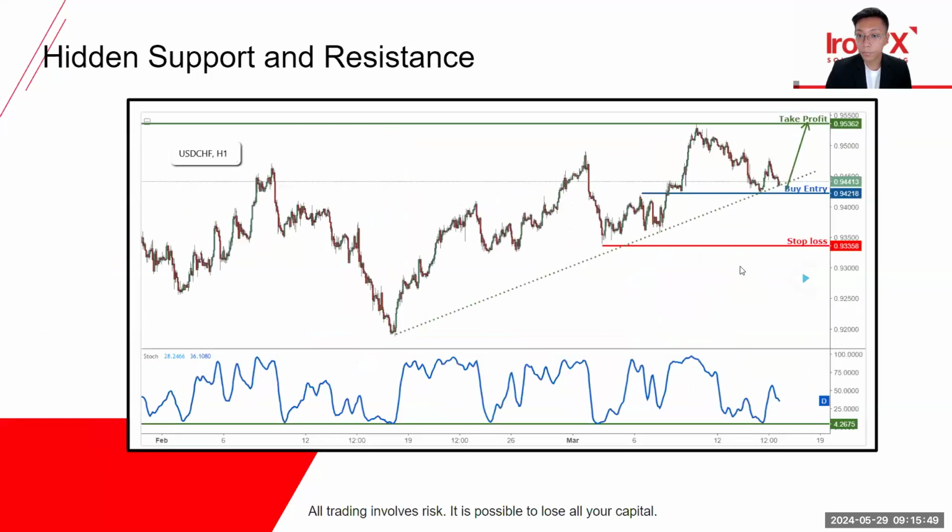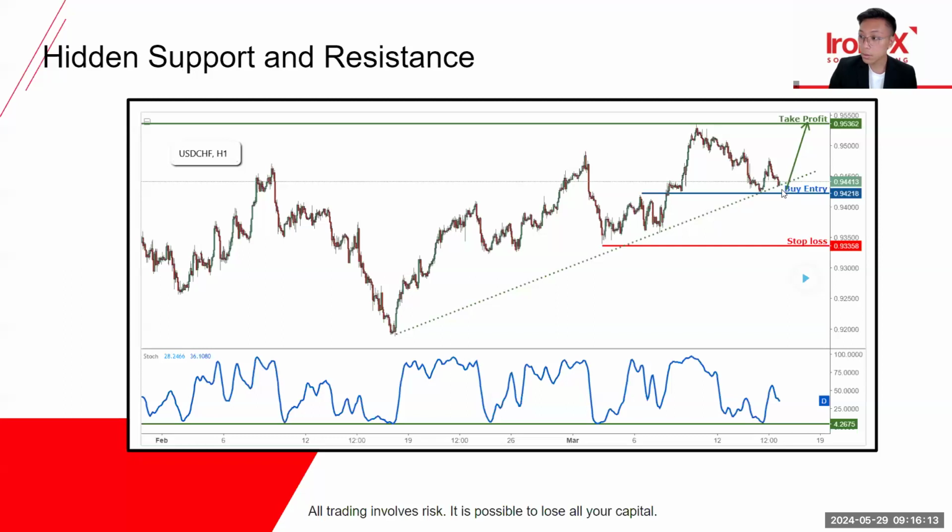Once price reaches this point, price starts to fall immediately after. This is the hidden support level. For the stochastic oscillator, we can draw a very nice support level right here, aligning all the low points when price is at this area. So once price reaches this green line again, we can look for entries to buy upwards.